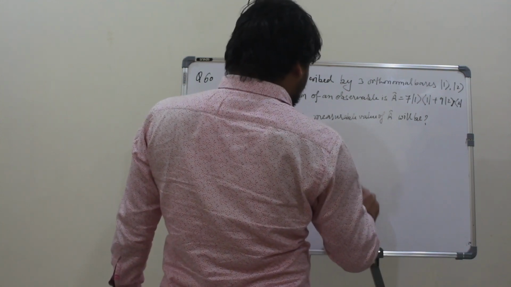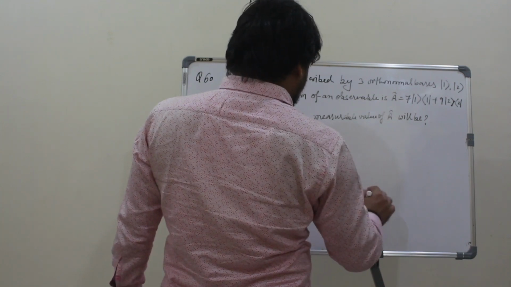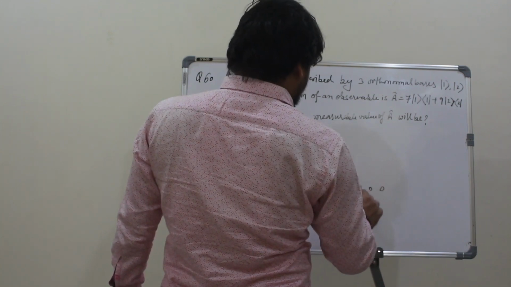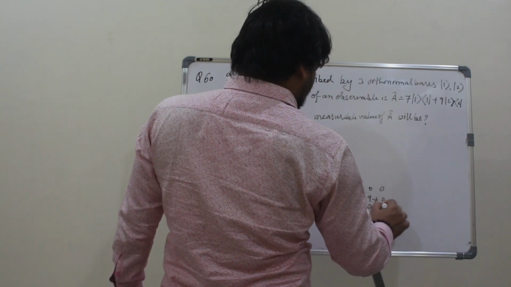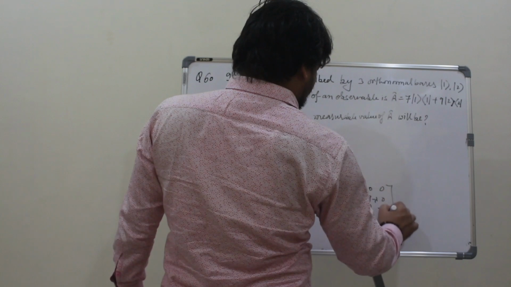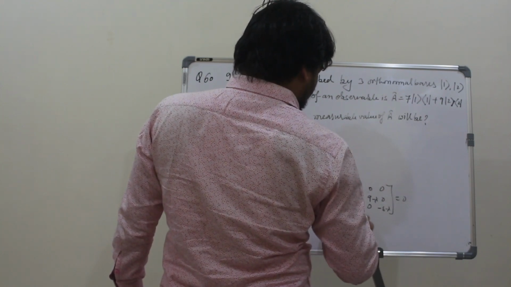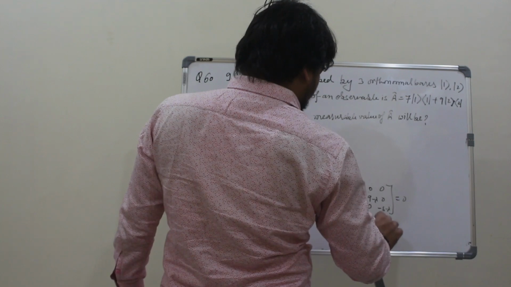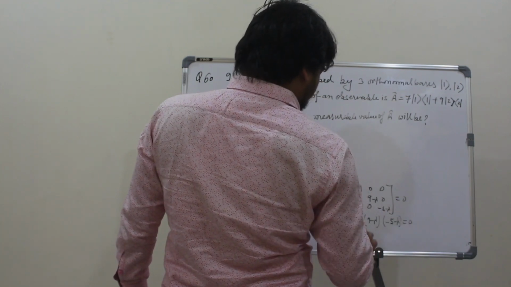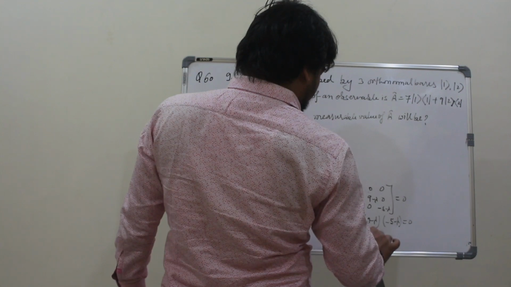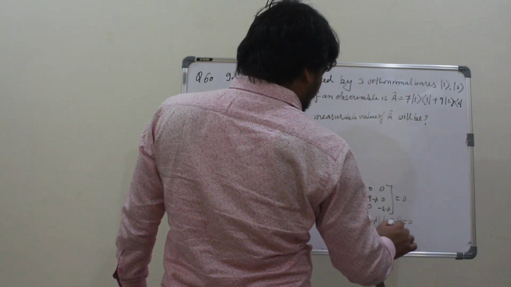As it is diagonal, so 7 minus lambda, 0, 0, giving you (7 minus lambda)(9 minus lambda)(minus 5 minus lambda) equals 0. So lambda equals 7, lambda equals 9, and lambda equals minus 5.